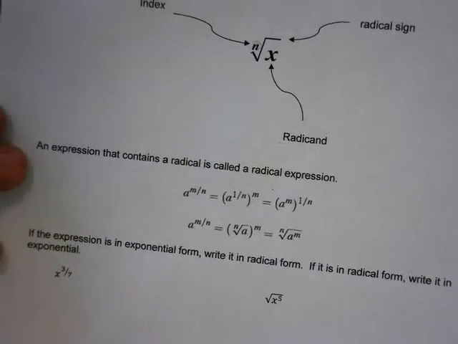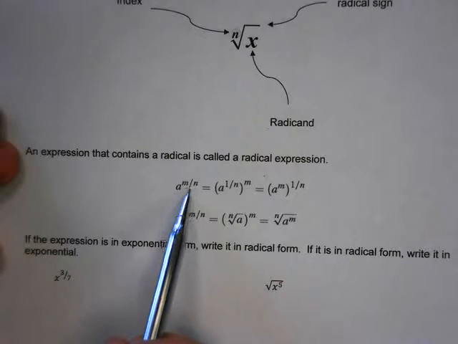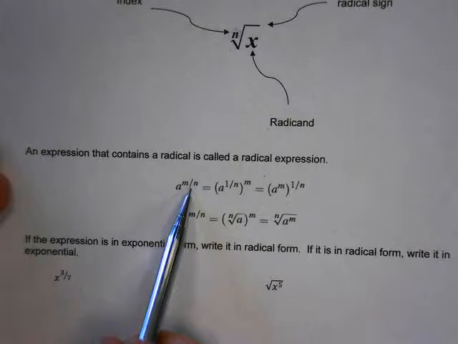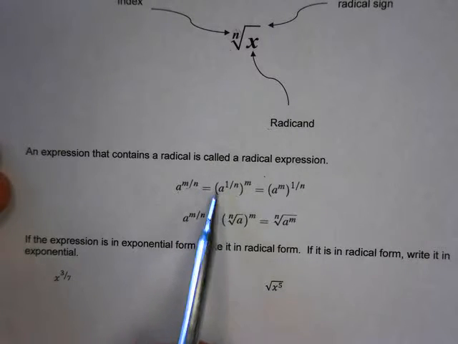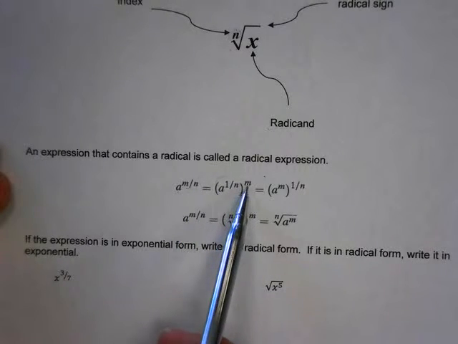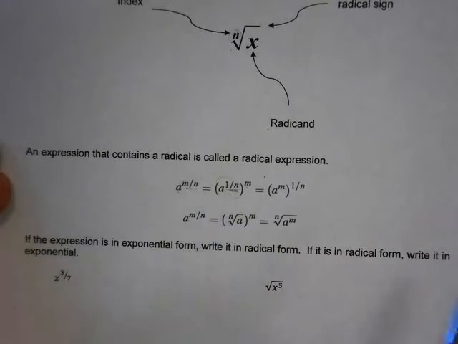But if we remember way back when we first started this semester, we had rational exponents. This a to the m over n, 1 over n, if we pull out that m, what is this really doing for us? Remember when we were rewriting radicals with fractional exponents, or fractional exponents with radicals?